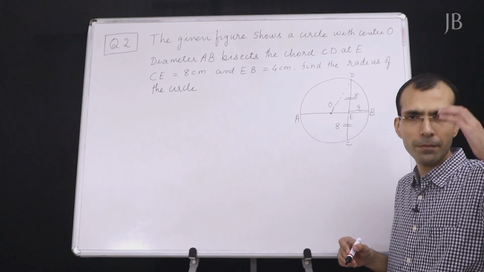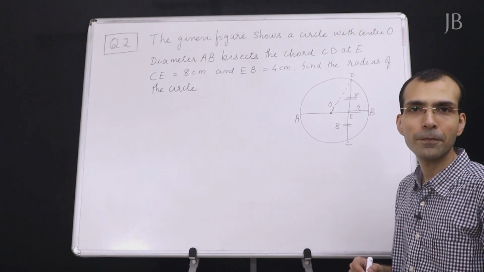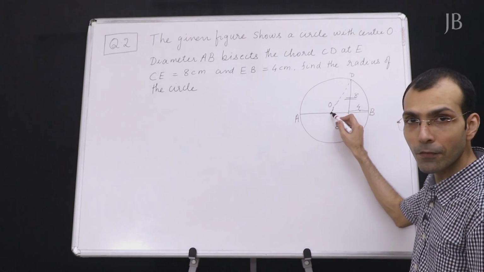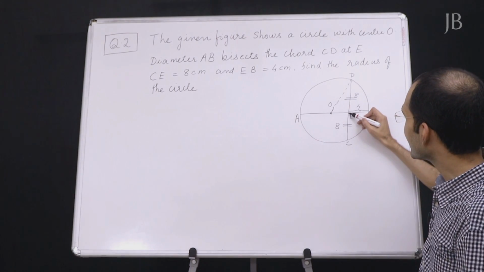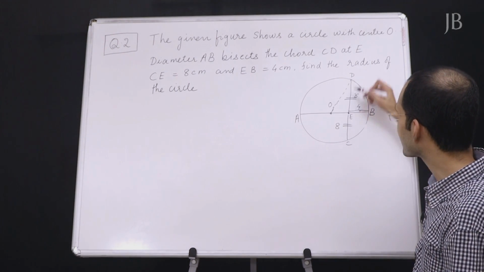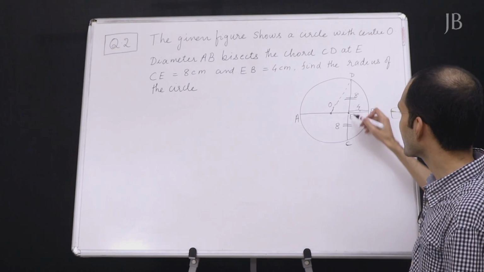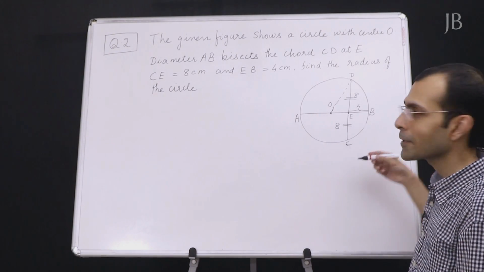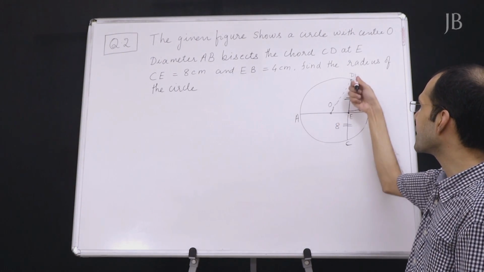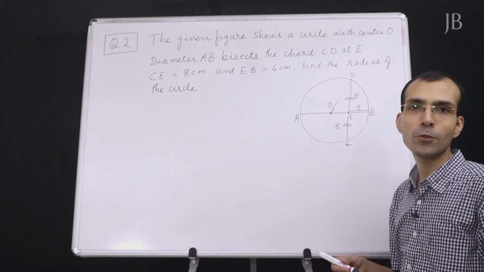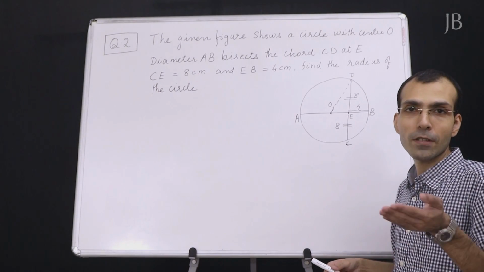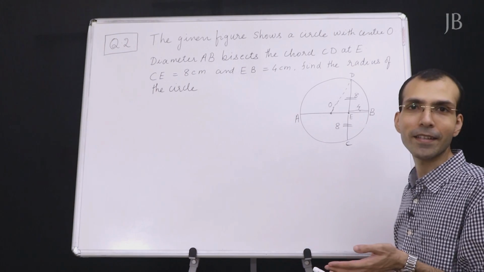At this point of time, some idea strikes your mind. This is the center of the circle. E is the midpoint of CD. So angle OED is bound to be 90. Concept number 2 which we studied.